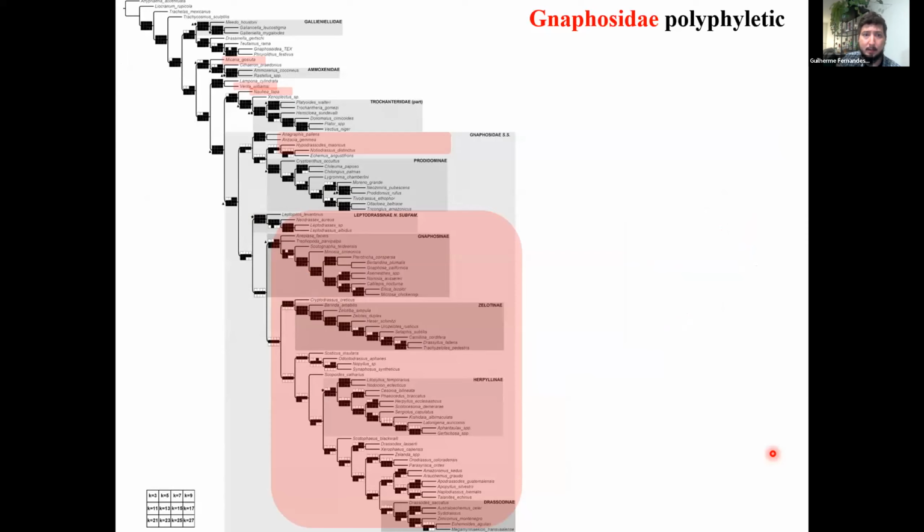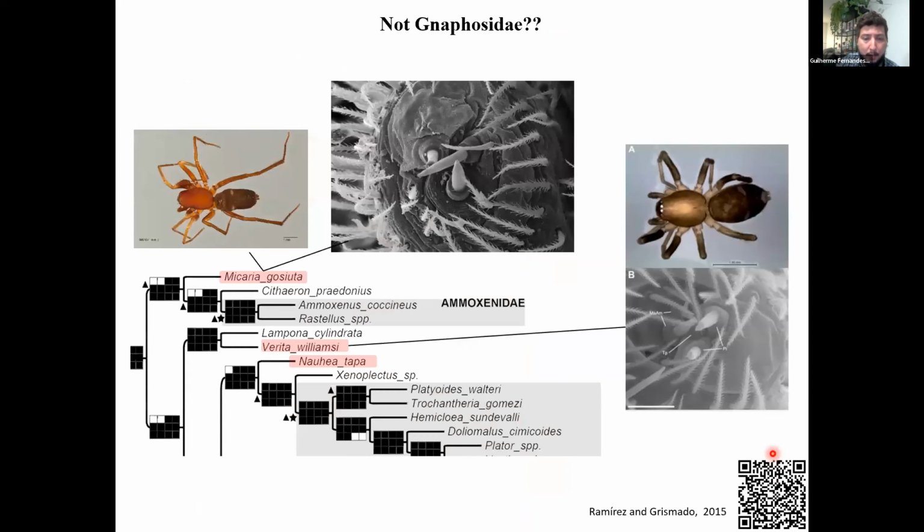So we consider that as trochanterids, and we can see that gnaphosids are still polyphyletic. We have this group where some of the small gnaphosids, also considered gnaphosids, do not have really huge piriform gland spigots compared to the template. And here also this Verita, it is not so clear in a gnaphosid, and the relationship with the other families is also not so certain.